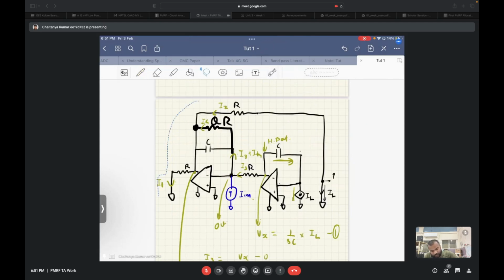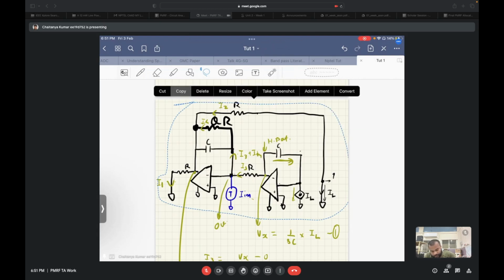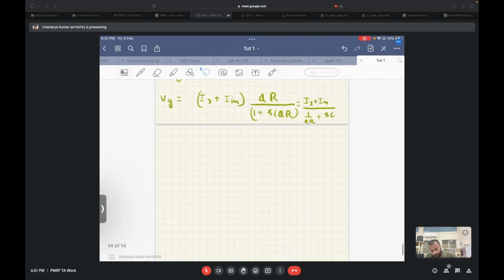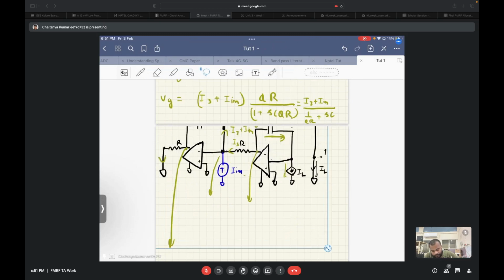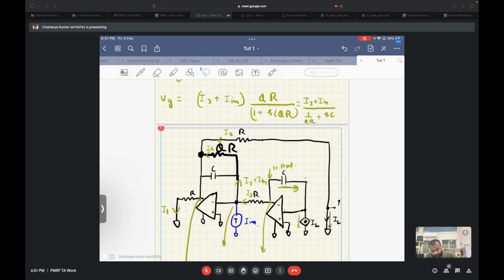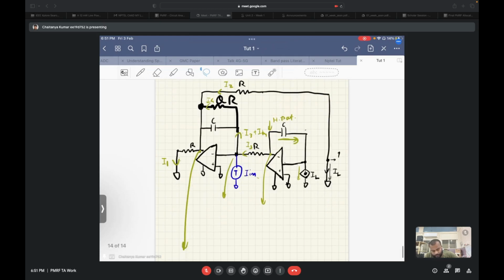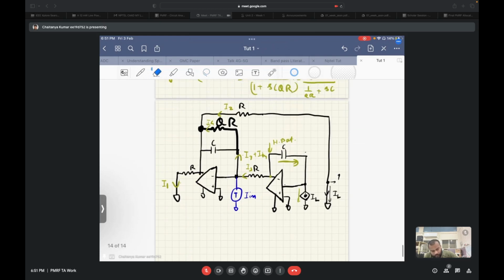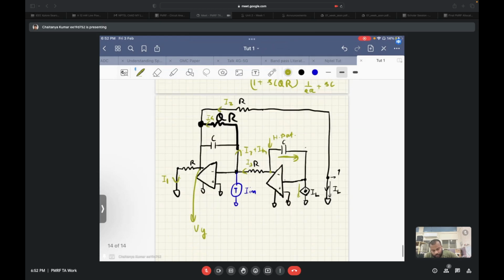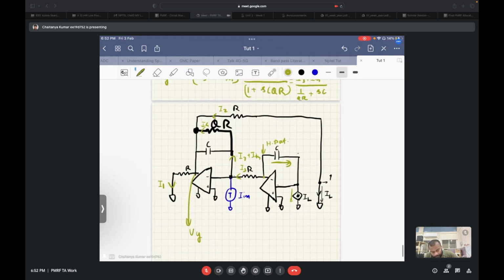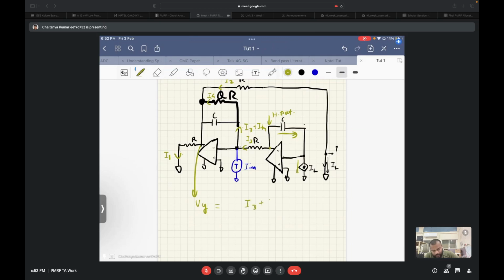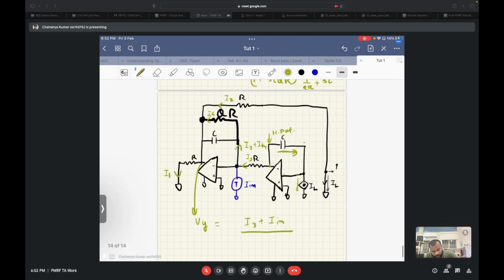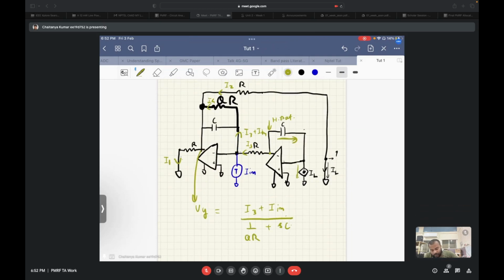So we'll copy this to the new page. Sorry, we know the voltage at this node Vy, and this is equal to I3 plus In divided by 1 by QR plus SC.